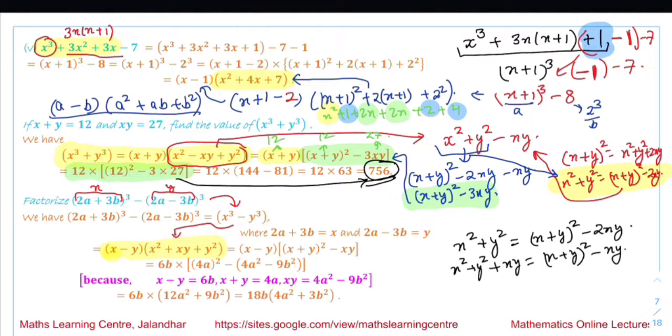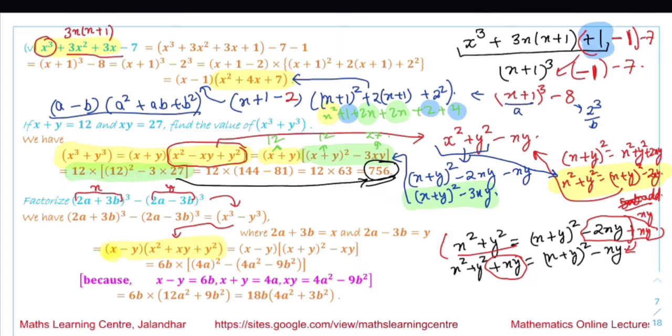We are adding xy on both sides of this equation. So we get x square plus y square plus xy. When you add xy over here, this term will give you minus of xy.